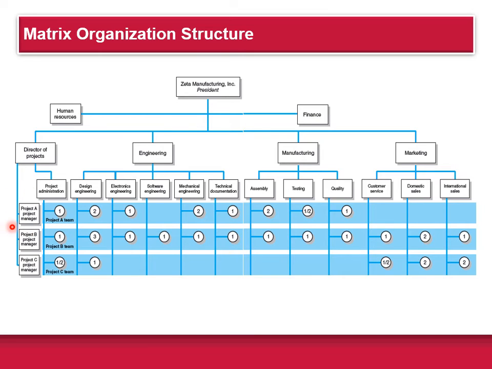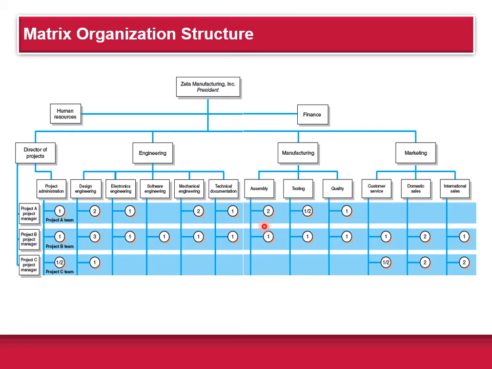So let's look at Project A. Project A has its own project manager. And this involves the design and expansion of existing product line, maybe as our book talks about, to accommodate new metal alloys. And so here, to accomplish this objective, Project A has assigned 3.5 people from manufacturing.